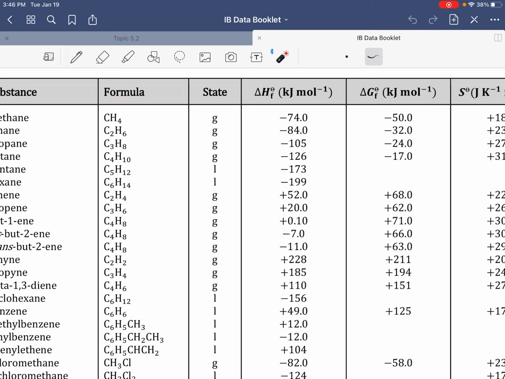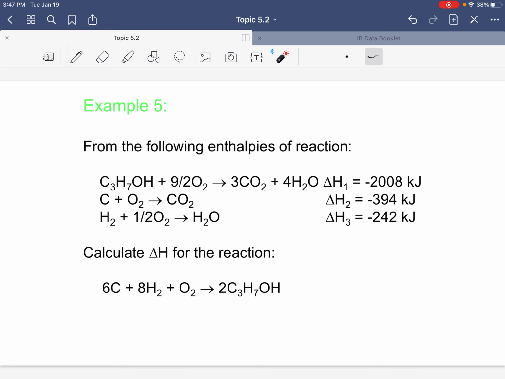This guy has a delta H of formation, which I will talk about soon, of -74 kilojoules per mole, meaning that per every mole of methane, you yield that much energy, because it takes that much energy to make. All right, so we'll talk about this in the next class. But in the meantime, try to see if you can get to the answer that I got, and we'll take it up next class. Bye, guys.